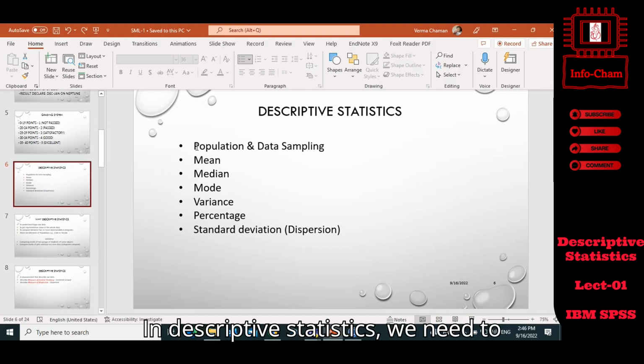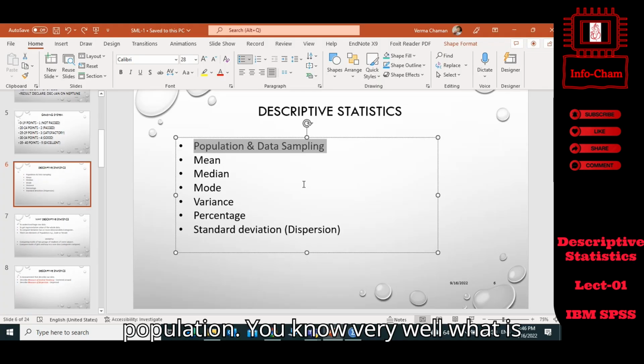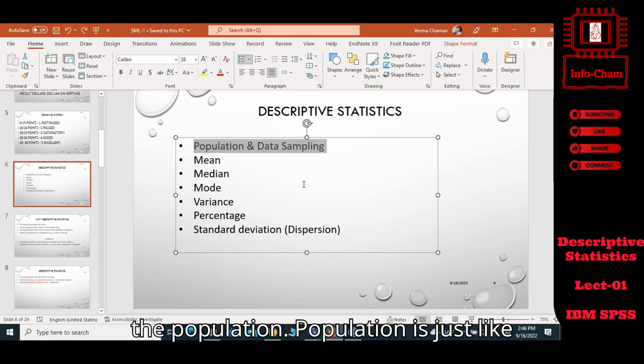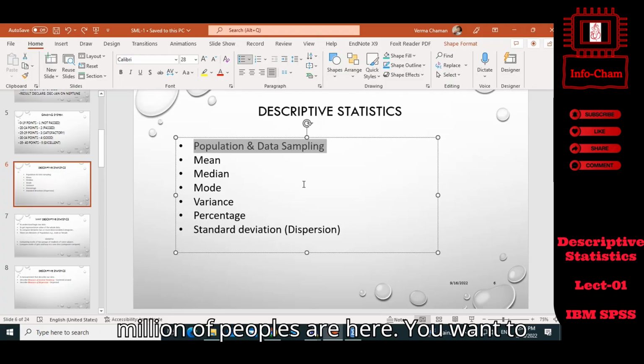Okay, so in descriptive statistics, we need to understand the population. You know very well what a population is. Population is the collection of the data which we want to focus on for our research purpose. Suppose in Hungary we have a million people.